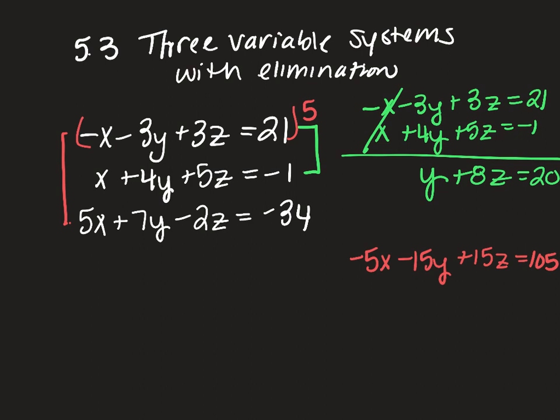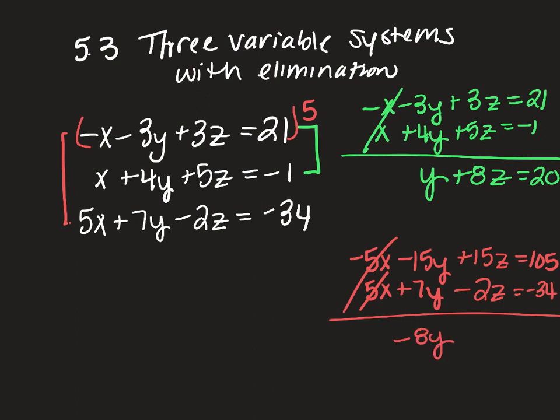And then I'm just going to bring over my bottom equation as it is. So my 5x's cancel. Negative 15 and 7 gives me negative 8y plus 13z equals 71.